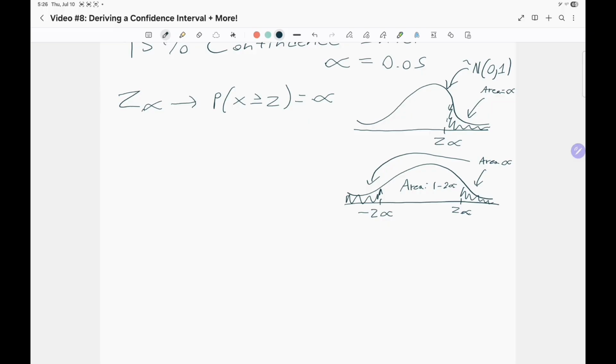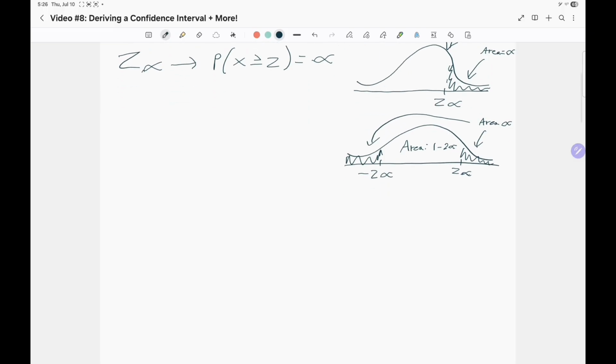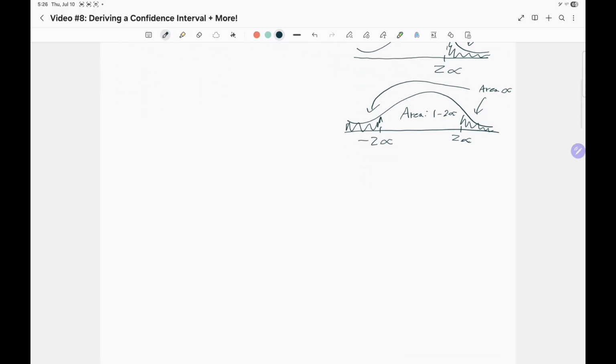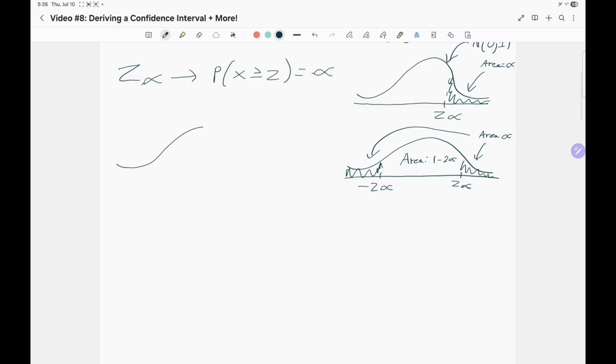So let's derive our confidence interval. Let's just start with the standard normal curve again. Let's have our two values, alpha over 2. The reason we use alpha over 2 is because these two areas are going to give us alpha, as we just stated before.